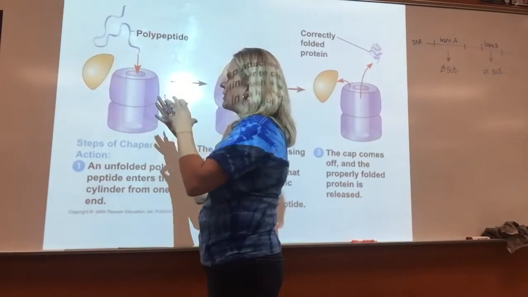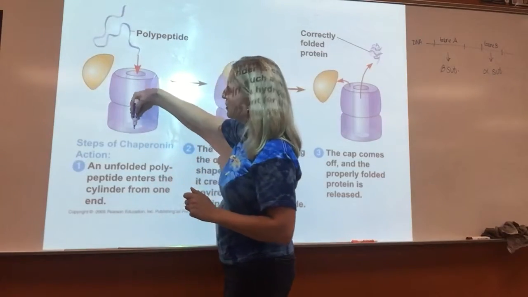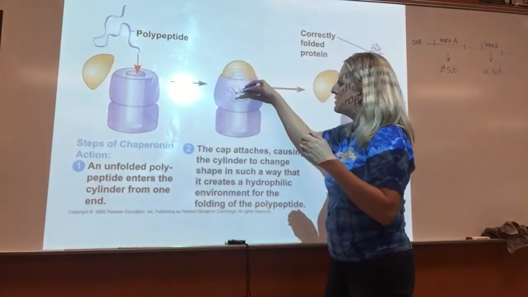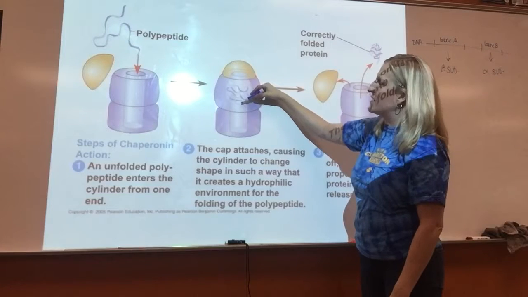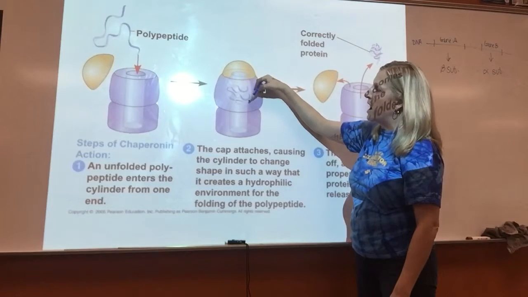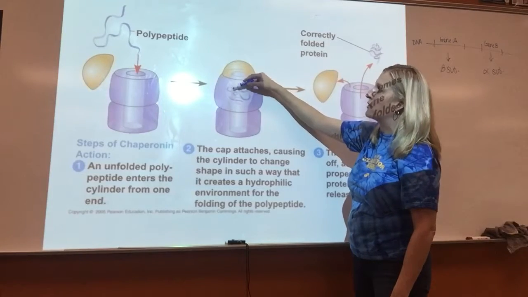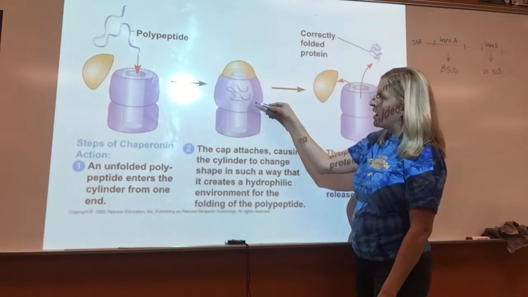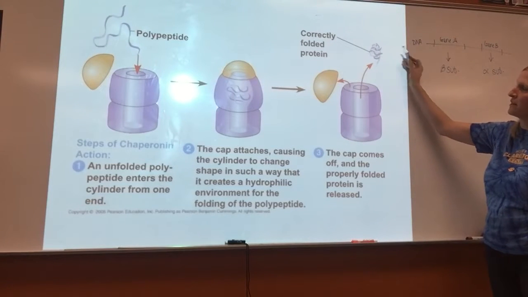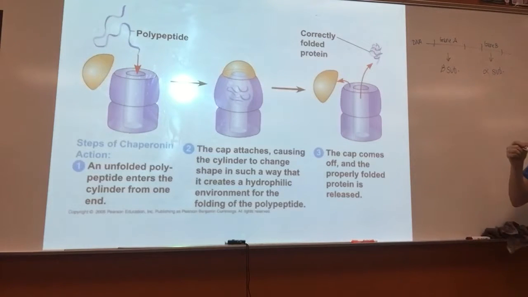It's not folded in the right shape yet. This protein has a hollow cylinder that the polypeptide goes in. The cap goes on, and they discovered that it helps with the proper folding of the polypeptide chain. Then the chaperonin leaves, and the protein can go and do its job.